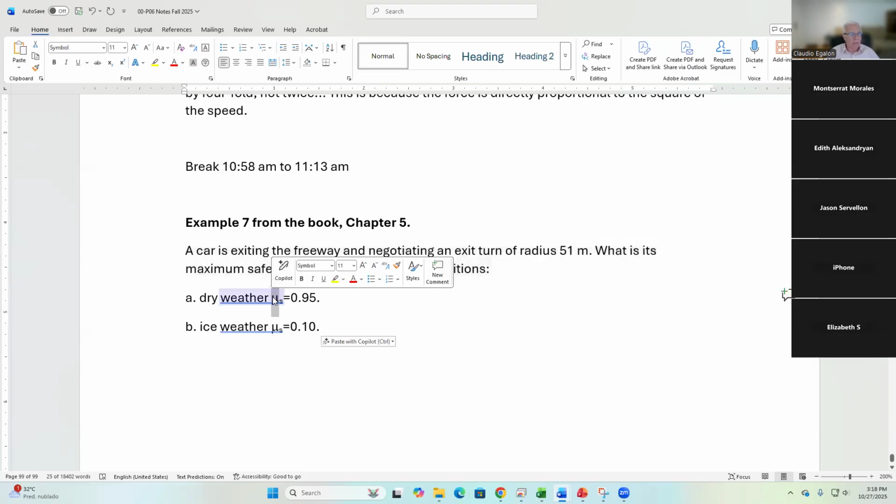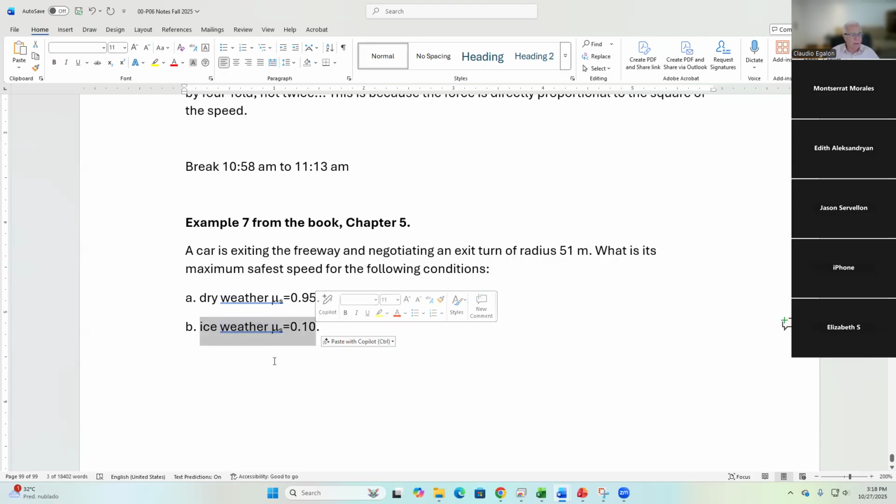Notice that we have here the coefficient of static friction for our dry weather. You can see there is more friction in dry weather than in ice weather, right? The coefficient of static friction is much lower when you have icy weather.